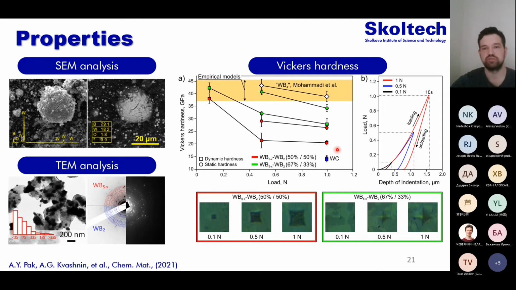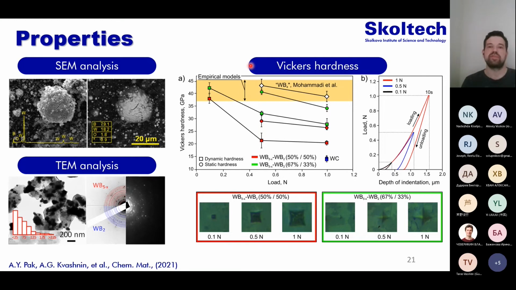Here you can see the measured microhardness for different loads, starting from 0.1 Newton to 1 Newton, in comparison with tungsten carbide. You can see that our data agree very well both with the different empirical models used to calculate hardness, as well as with some reference papers where people obtained samples of tungsten boron 4, as they call it, using SPS techniques, with a little bit higher quality.